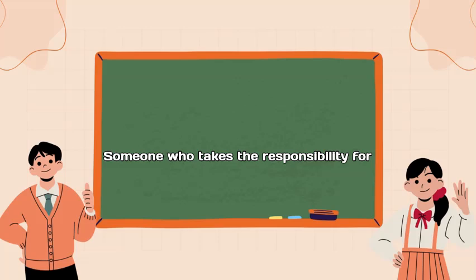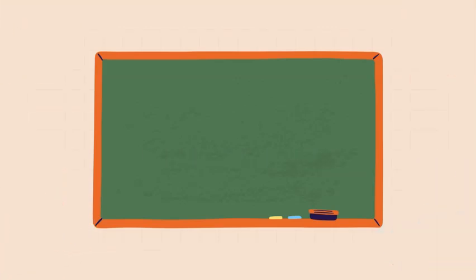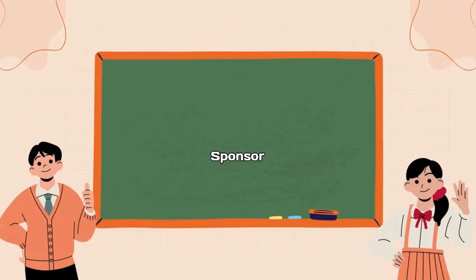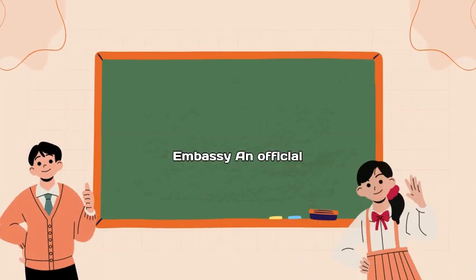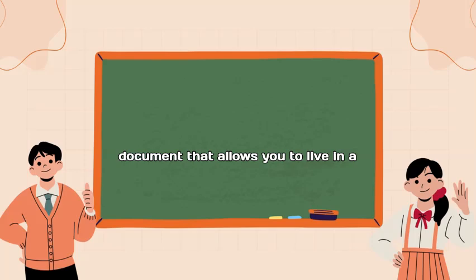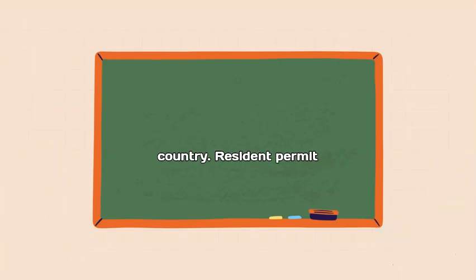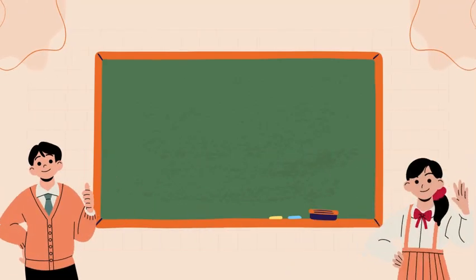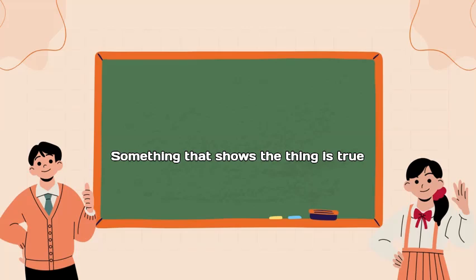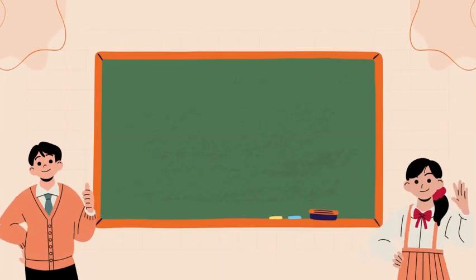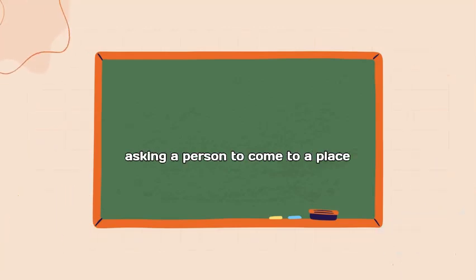Someone who takes the responsibility for a person applying for a visa. Sponsor. Embassy. An official document that allows you to live in a country. Resident permit. Something that shows the thing is true. Evidence. A formal letter asking a person to come to a place.